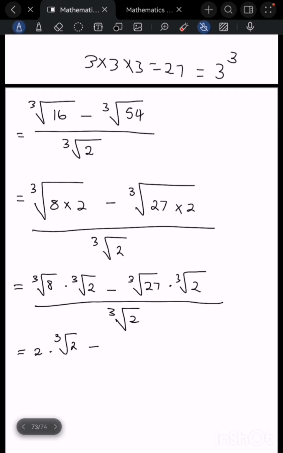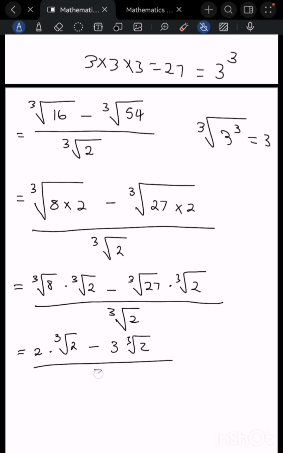The cube root of 3 to the power 3 is going to be equal to 3. So the cube root of 27 is going to be 3 cube root of 2, all divided by the cube root of 2. We say 2 minus 3 is a negative 1. The thing that is making them like terms, which is the cube root of 2, divided by the cube root of 2 is equal to negative 1. You should ask if you don't understand, and we will explain it further.